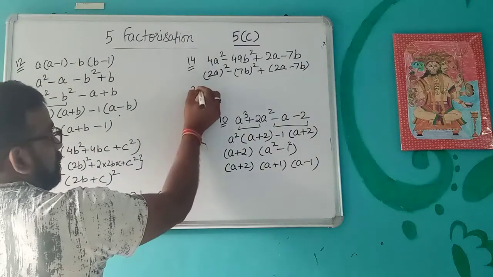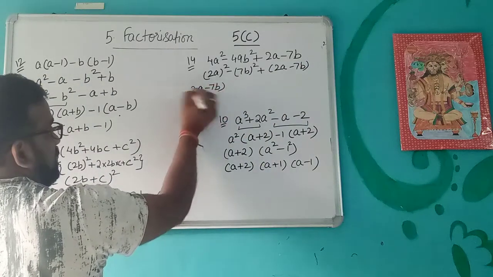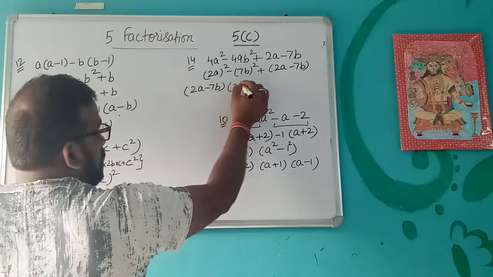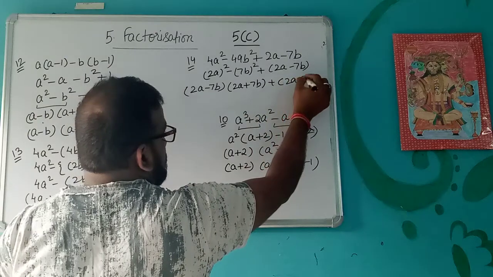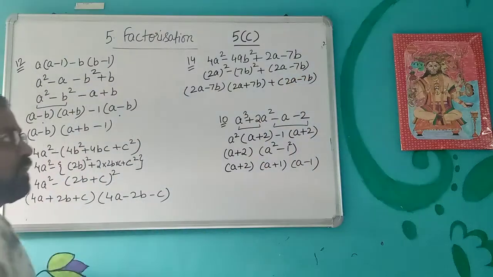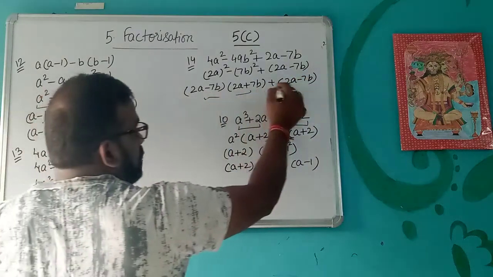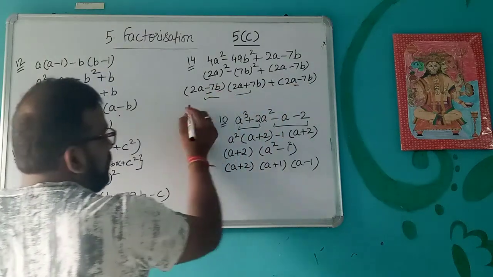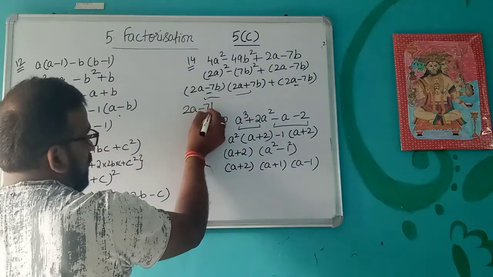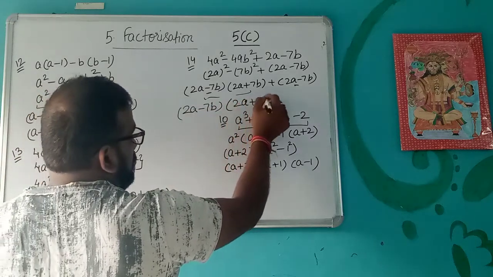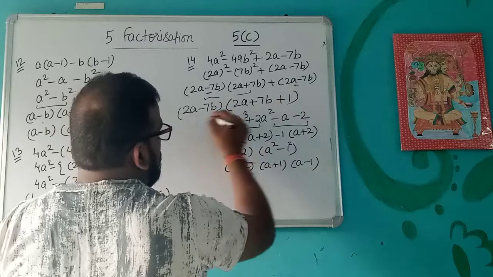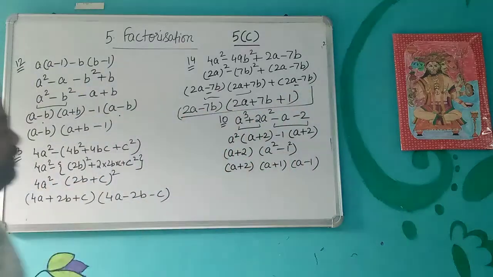Now we can write it as 2a minus 7b into 2a plus 7b, plus 2a minus 7b. Now in these two terms, this term is the common term. So again, I will take it as common. So in the bracket, plus 1. Okay.